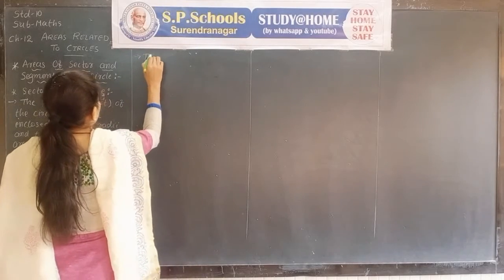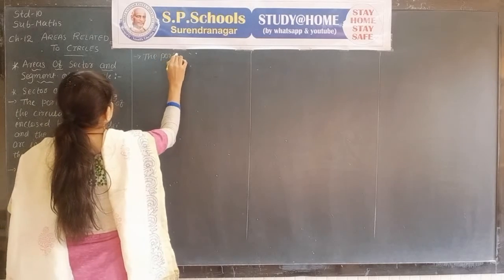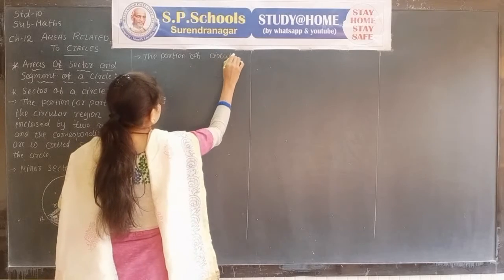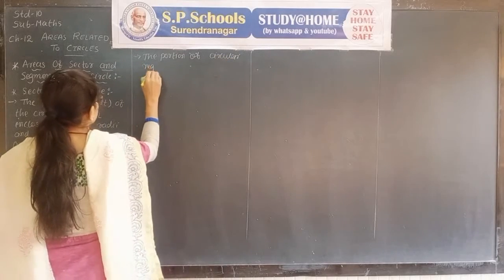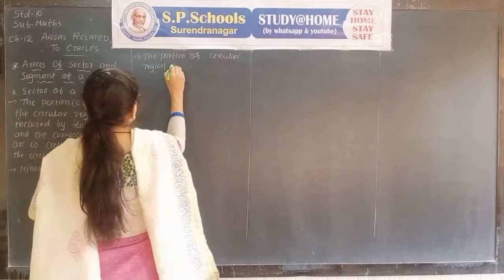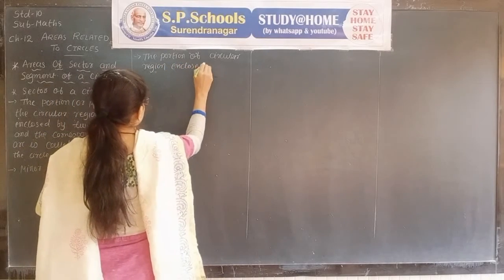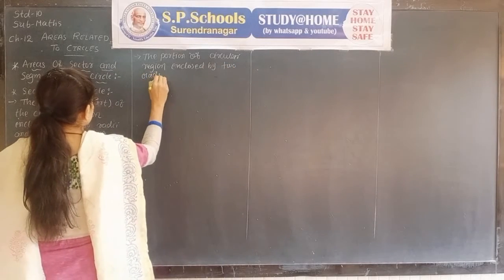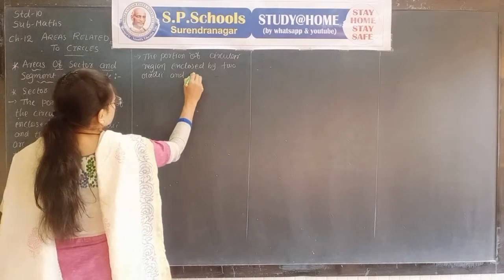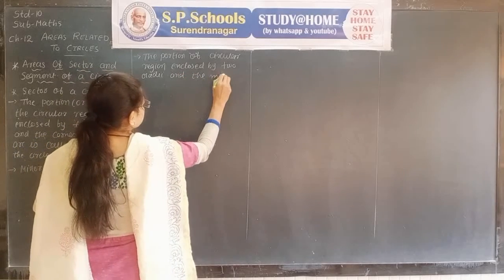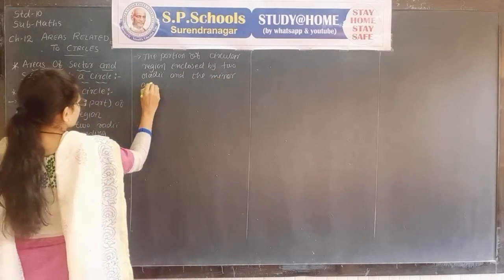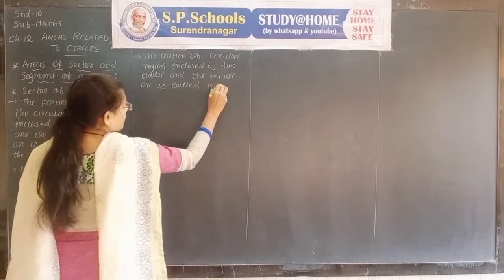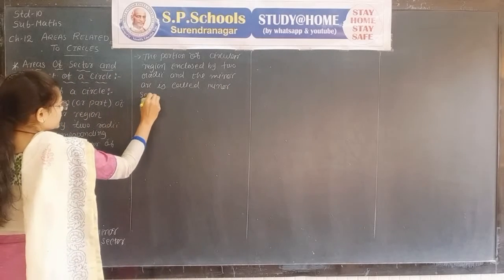The portion of circular region enclosed by two radii and the minor arc is called minor sector.